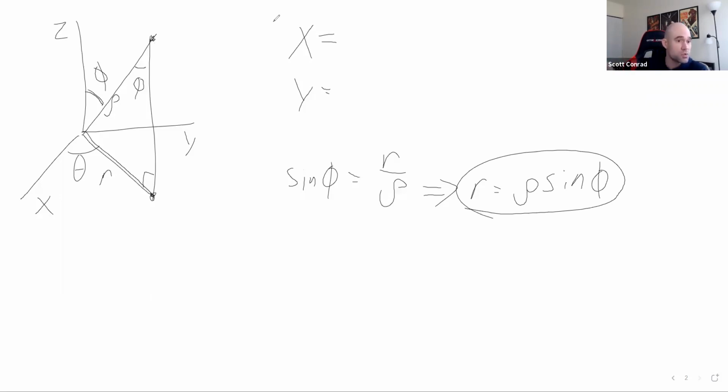Okay, so x is r cos theta, and theta is the same in spherical. So r in spherical is rho sine phi, so x is rho sine phi cos theta instead of r cos theta. And similarly, y in cylindrical is r sine theta. In spherical, r doesn't exist, but it's rho sine phi, so y is rho sine phi sine theta.